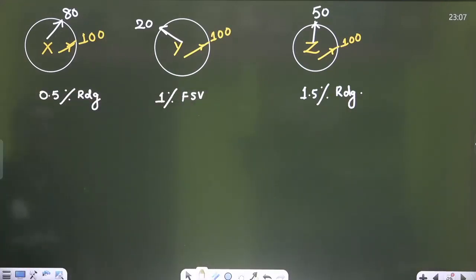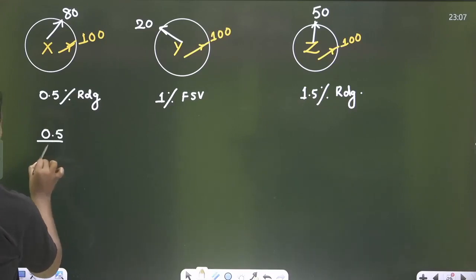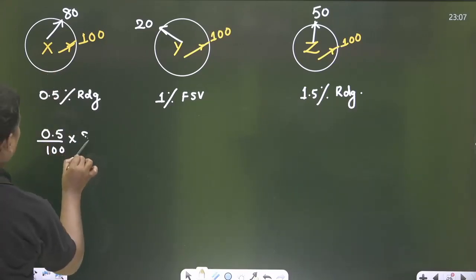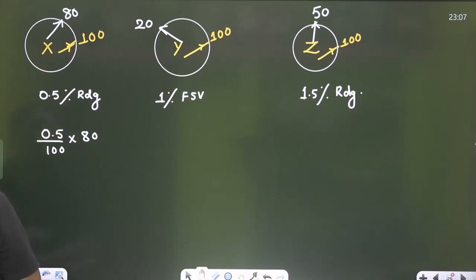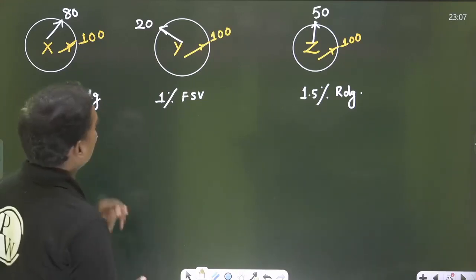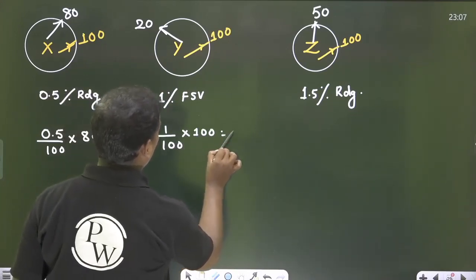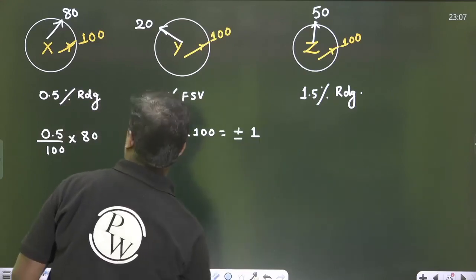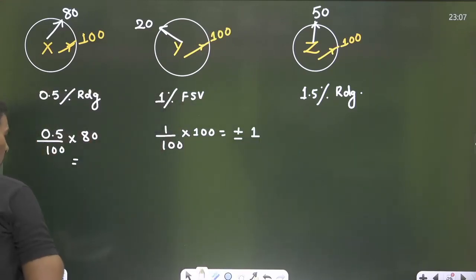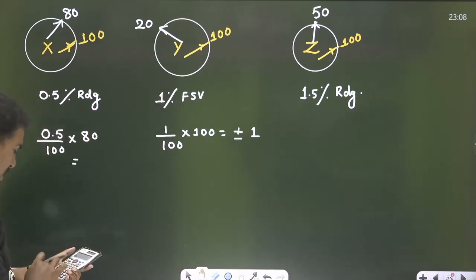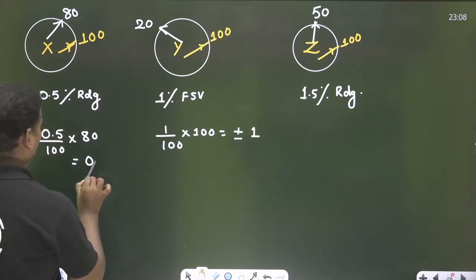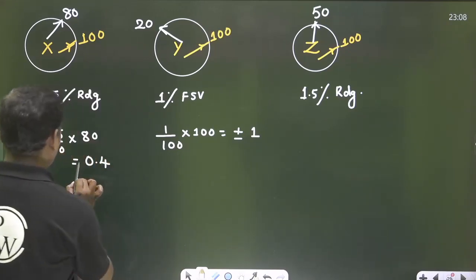So here we can get the values like this. 0.5% of reading means 0.5 by 100 into reading. What am I going to get? I'm going to get the limiting error. And here 1% of full scale value means 1 by 100 into 100, plus or minus 1. For x, 0.5 into 80 by 100 is coming as plus or minus 0.4.